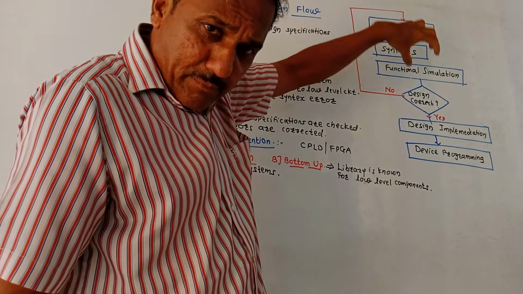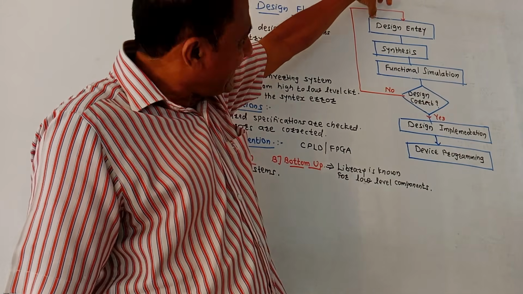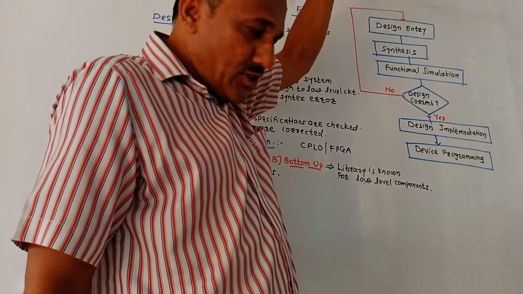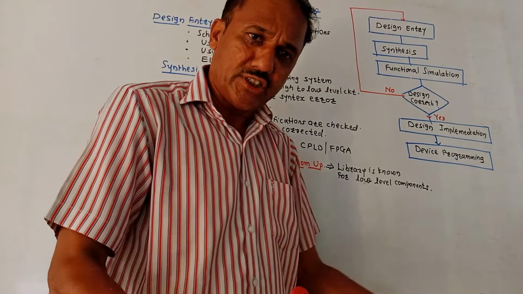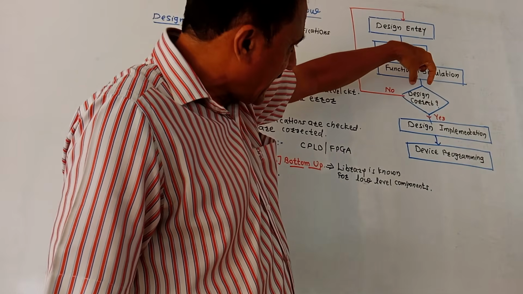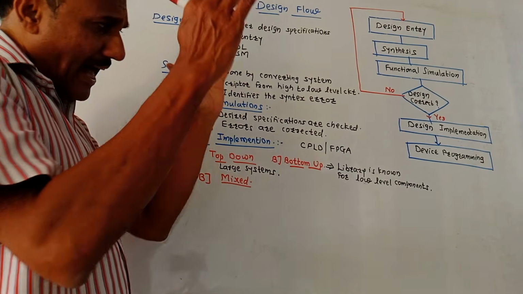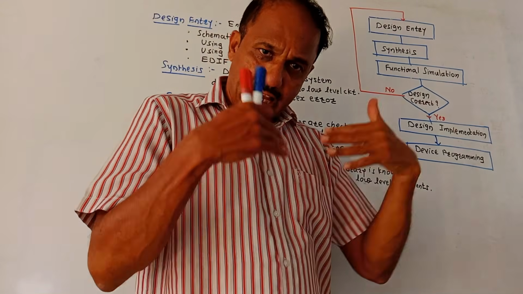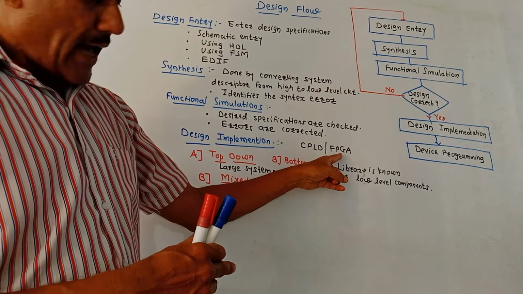I mean, if the design is not correct, then again we have to go back to the design entry. We have to check the design specifications. If required, we need to make changes in the specifications and so on. Then if everything is correct, next block is design implementation. Very simple. As the name indicates, we have to implement a particular application by using CPLD or FPGA.